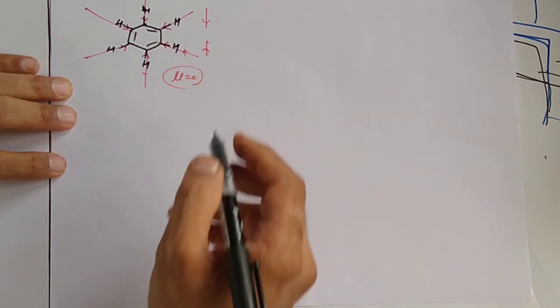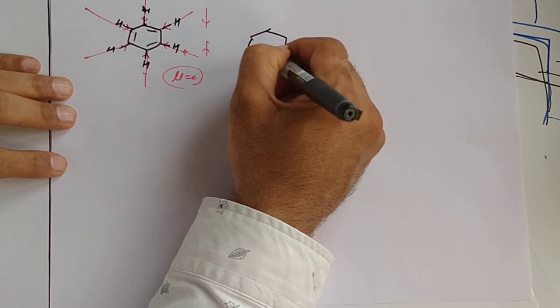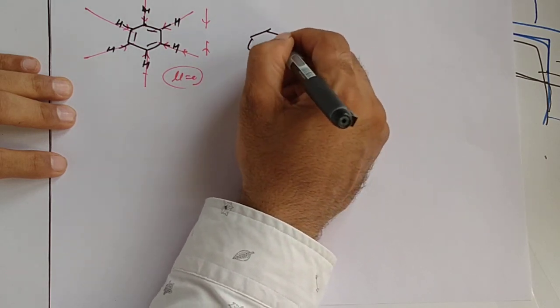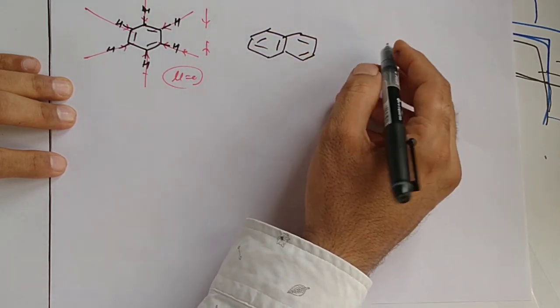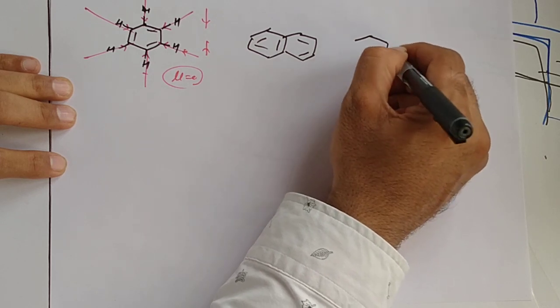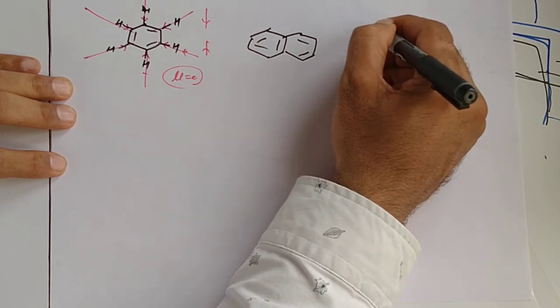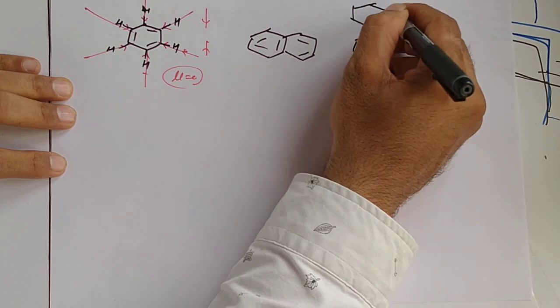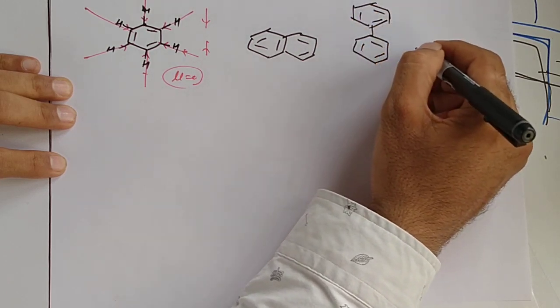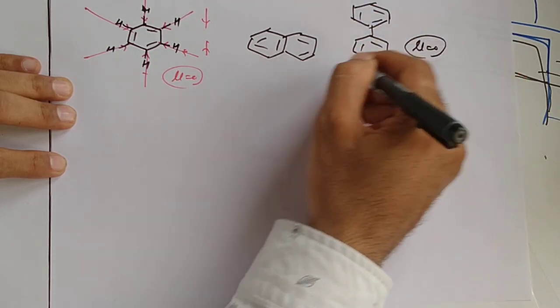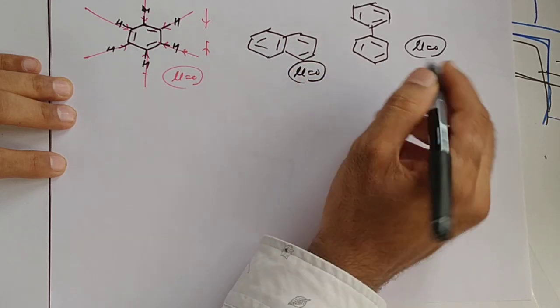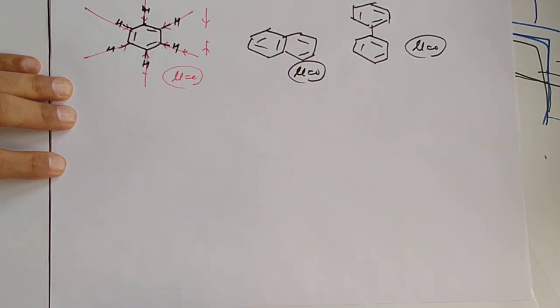So benzene is non-polar by nature. Like this, naphthalene and diphenyl are also non-polar and their dipole moment is 0.